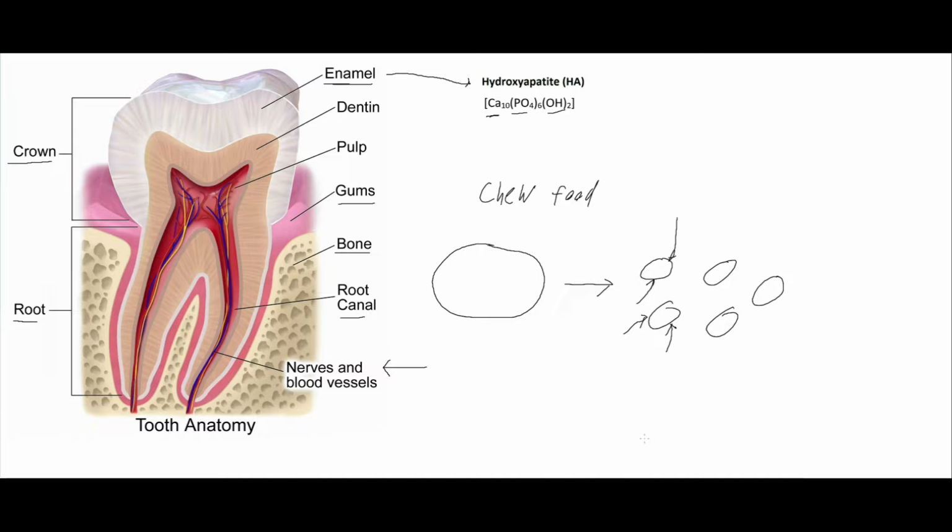But this is a broad overview of teeth and enamel in particular, which is affected by our diet. And that's how I am justifying putting this into a nutrition and metabolism video series.